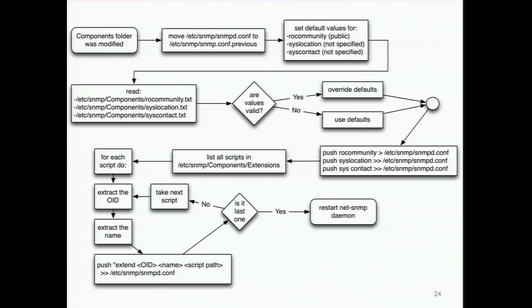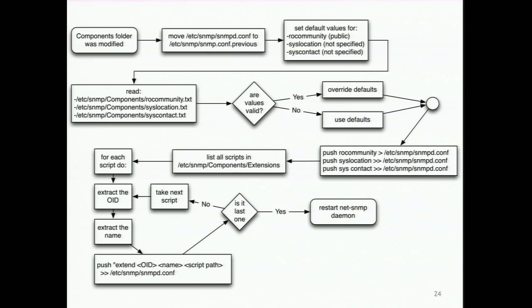Then I read all 3 of them, and do I have valid values? If I had valid values, then I override the defaults I created. And then I push them out to a brand new file. So the first one has only a greater than symbol because I'm overwriting, and then the subsequent ones just append to that file. So I'm slowly rebuilding my snmpd.conf file.